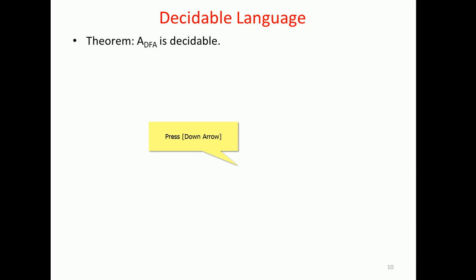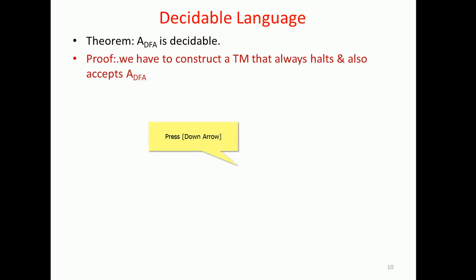Theorem: A of DFA, the acceptance problem for deterministic finite automata, is decidable. What is the proof?